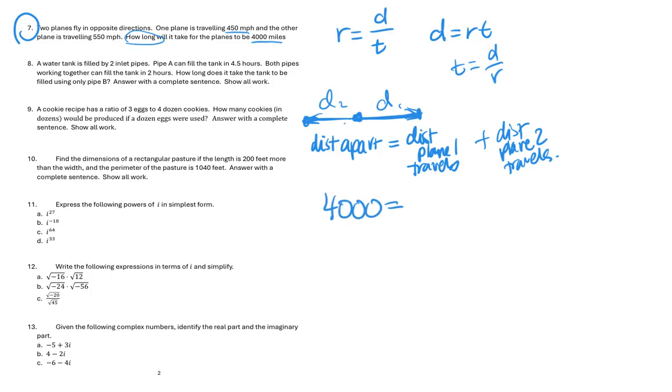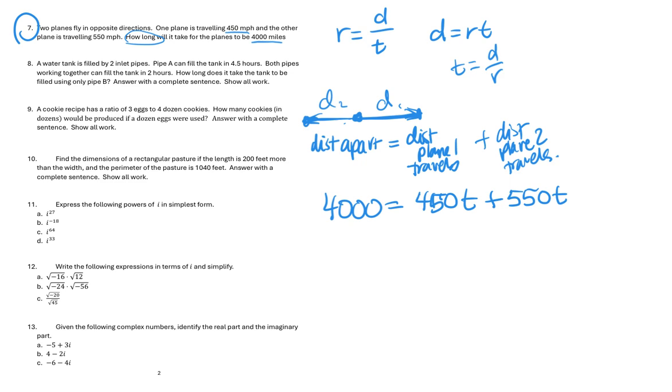And for the distance that plane 1 travels, well, I know it's traveling 450 miles per hour. So that's the rate. And so the distance will be that rate, 450, times the time, t. And then plus the distance that plane 2 travels will be its rate, which is 550 times t. And so I should just be able to solve that for t and see what we get.